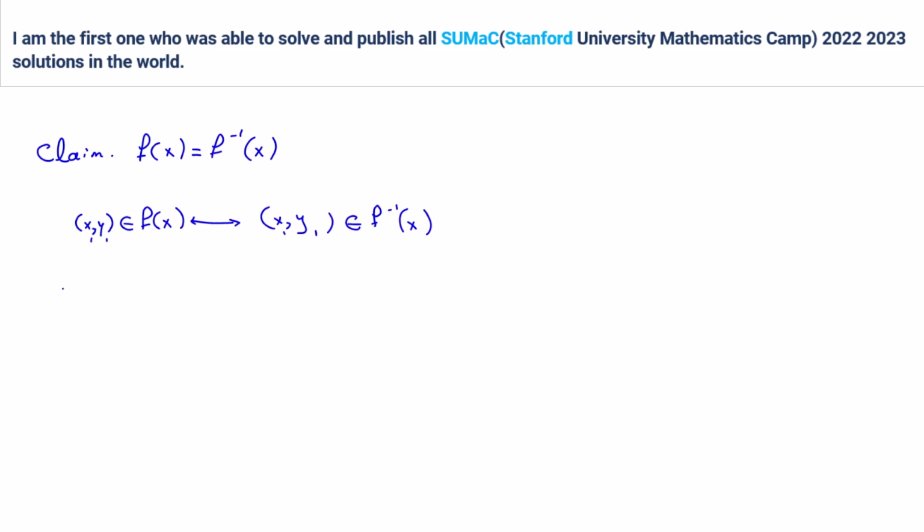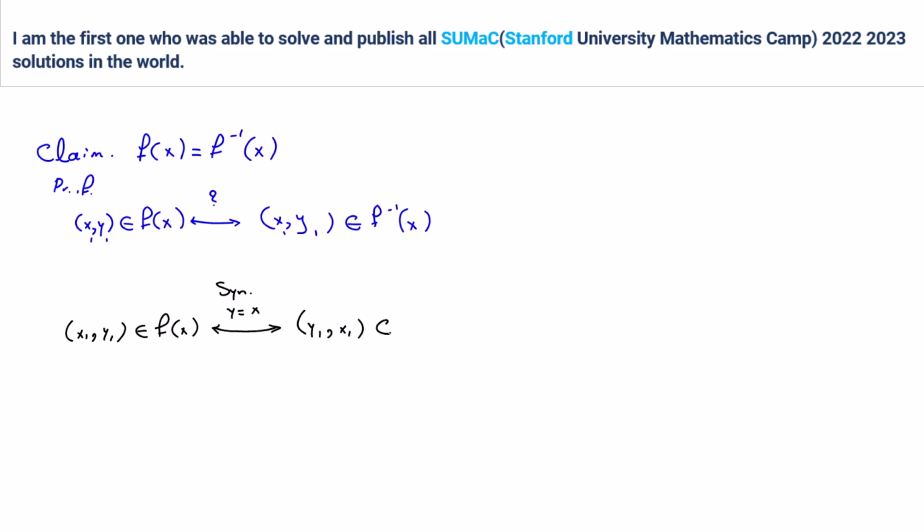Then x1, so we want to prove this. Okay, so x1, y1 suppose belongs to f of x, and we know f of x is symmetric about y equals x. So what can we conclude? Because it is symmetric about y equals x, y1, x1 is in f of x.